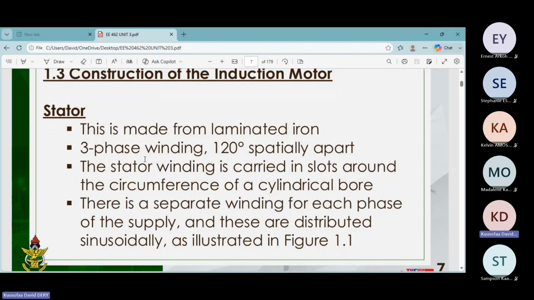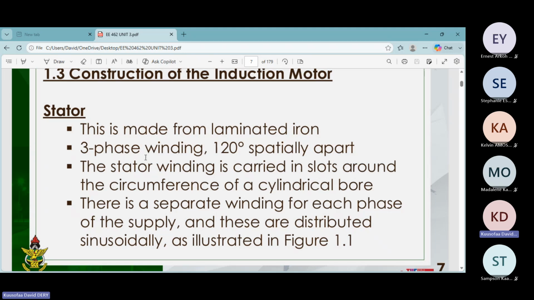So the induction motor, we want to just revise a few things about it. This one is specifically the three-phase induction motor. We know that the motor has stator and rotor windings, which we are familiar with. This portion of the slide is just explaining the stator construction.